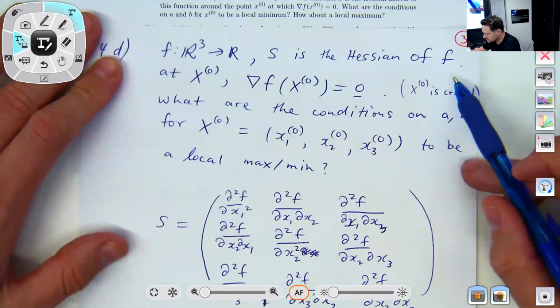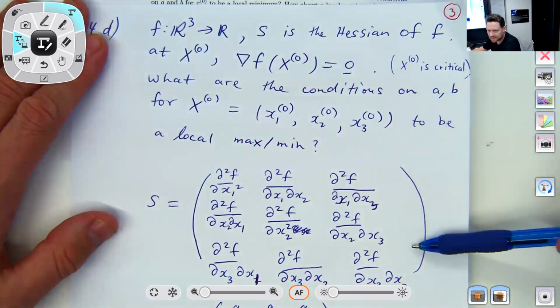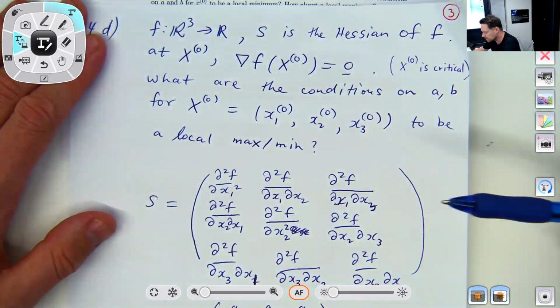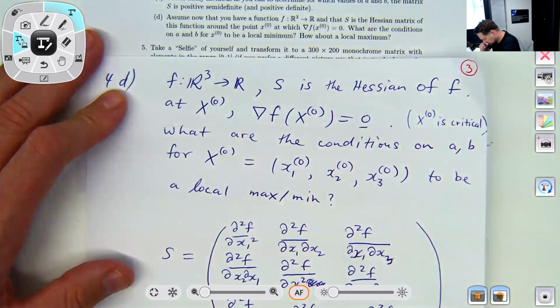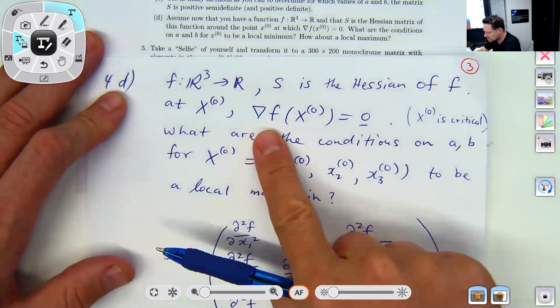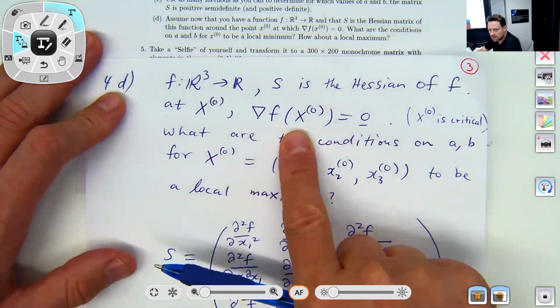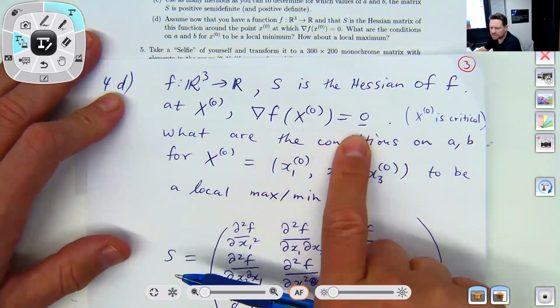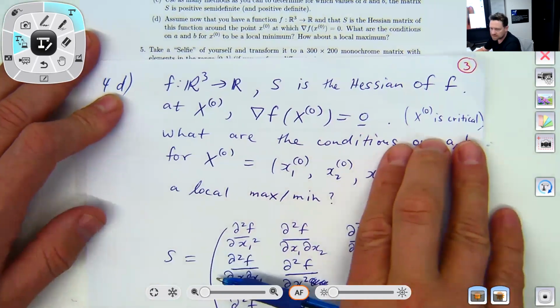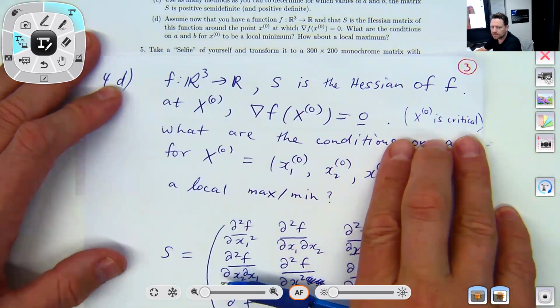Okay, and the Hessian is just this matrix right here with second order partial derivatives in it. Okay, but it's the Hessian at x superscript 0. You're also told that the gradient vector of f at x superscript 0 is the 0 vector. So what this means is that x superscript 0 is a critical point.